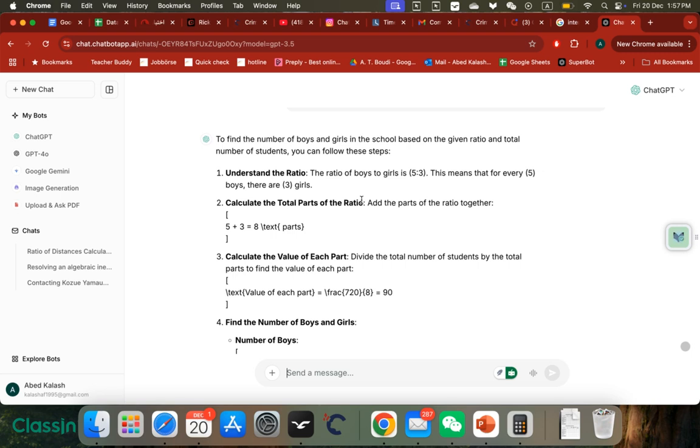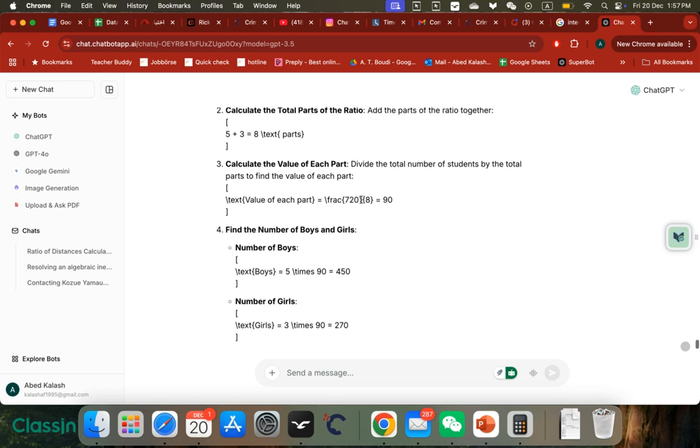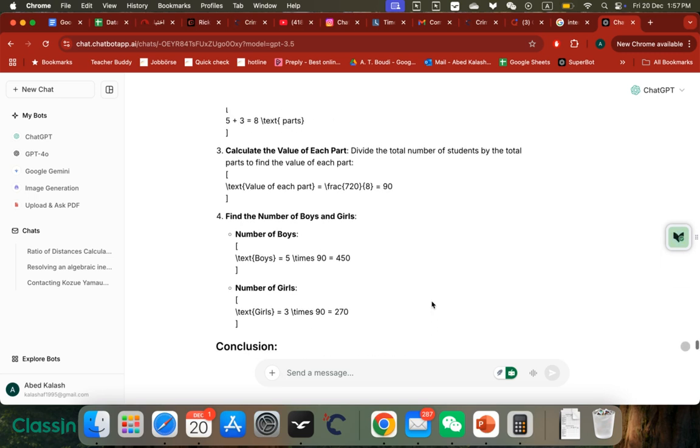If I'm saying for every 5 boys there are 3 girls, so what is the total number? 140 plus 240 after dividing them. Because I divided 5 and 720, and 3 and 720.